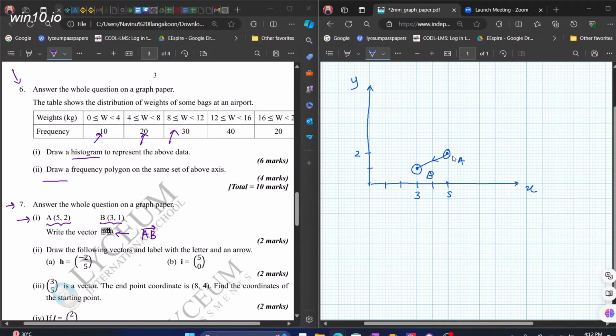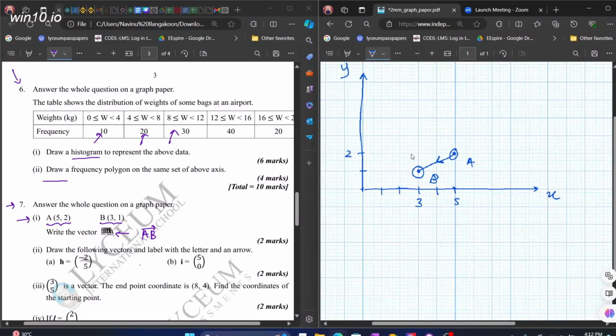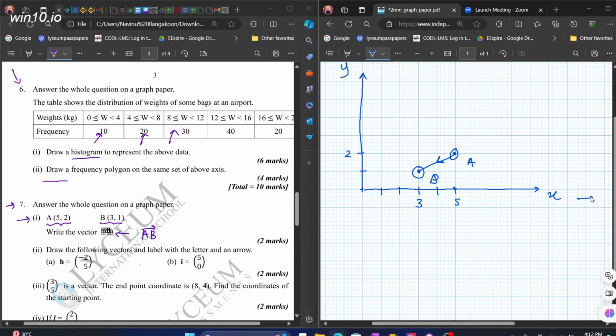AB means we are going from A to B. So the direction of the vector is this. This is the positive x direction, this is the positive y direction. We write the directions, positive x and positive y, in a matrix like this.